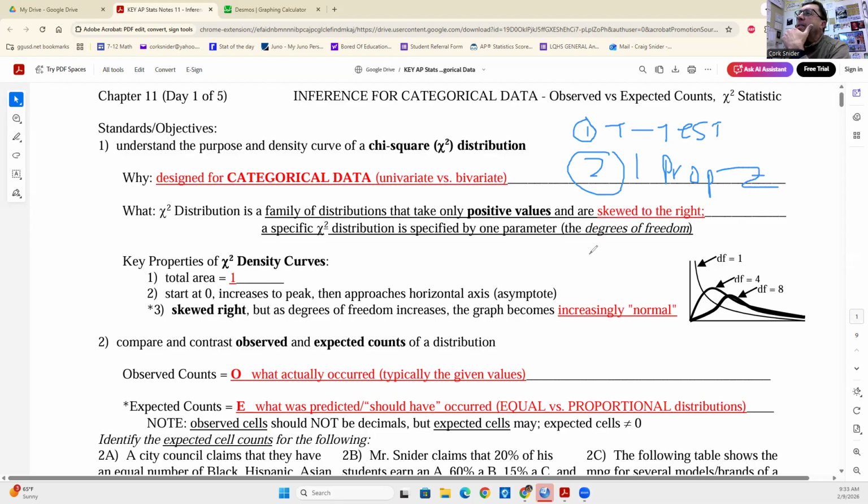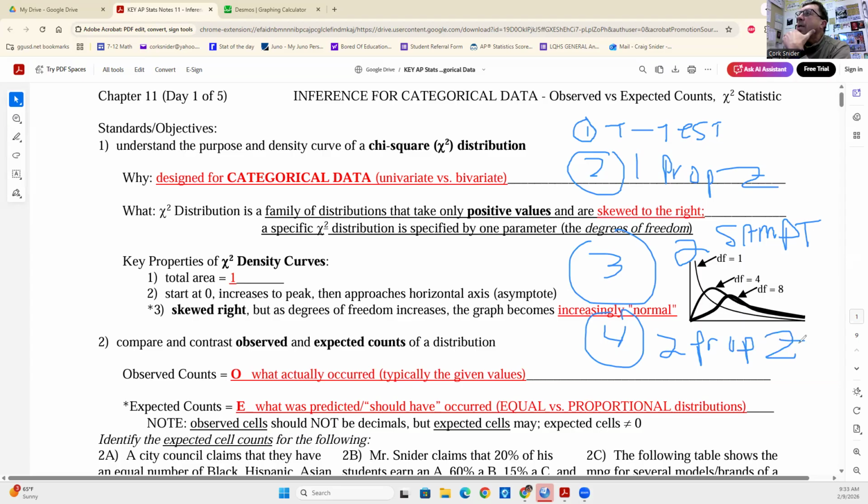The third test that we had was a 2 sample t, and that's for a mean. And the fourth test we had was a 2 proportion, 2 prop z. Okay, those are the 4 tests that we've done so far, okay?